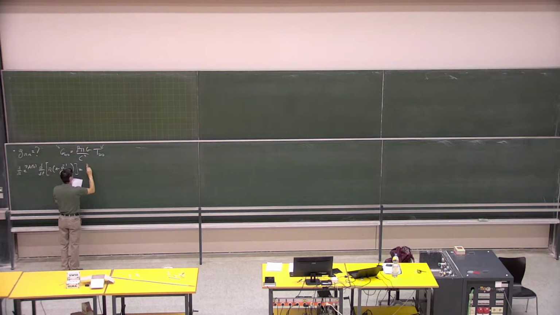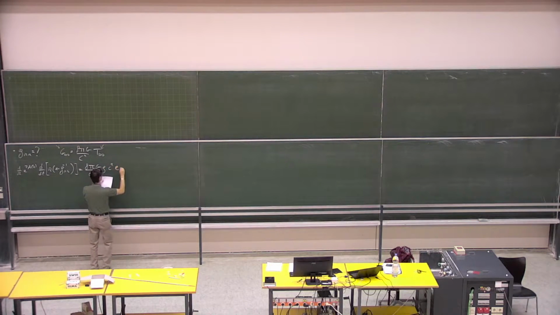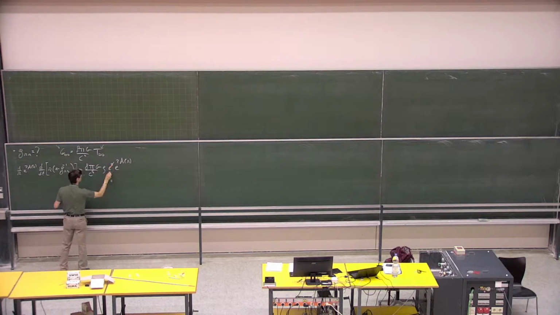Equal to the energy momentum tensor, 8 pi G over c to the power of 4, rho c squared, e to the power of 2a of r. Then we have c squared and c to the power of 4, that they cancel out.